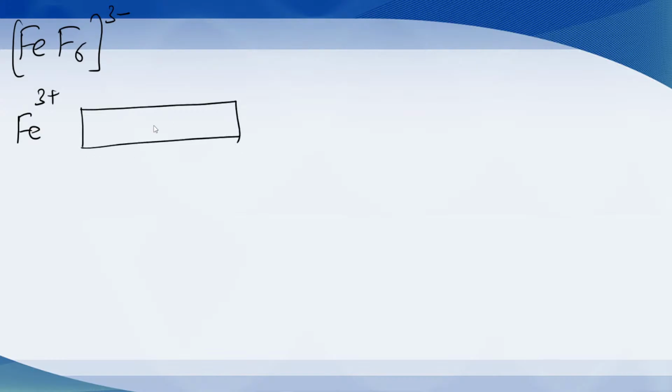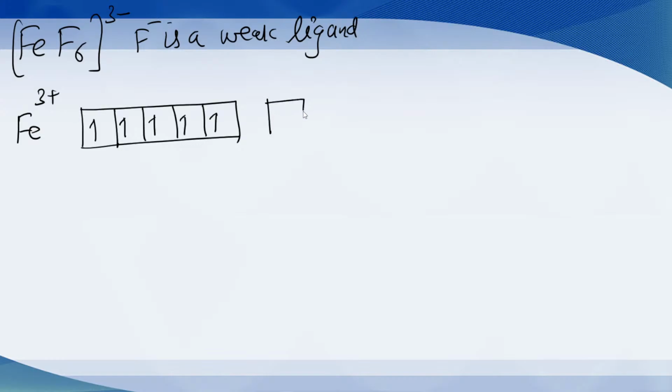Now let us draw the shape or hybridization of FeF6 3 negative. In FeF6 3 negative, Fe is in 3 plus form. And what is the nature of fluoride? Fluoride is a weak ligand. So as it is a weak ligand, pairing does not take place. It is 3d, 4s, 4p.